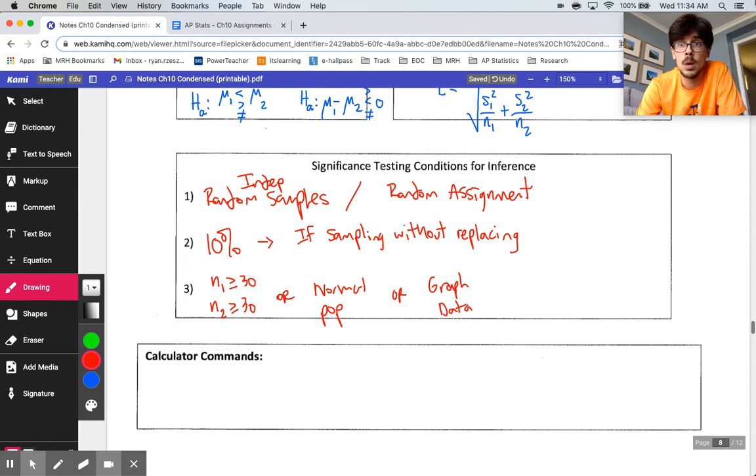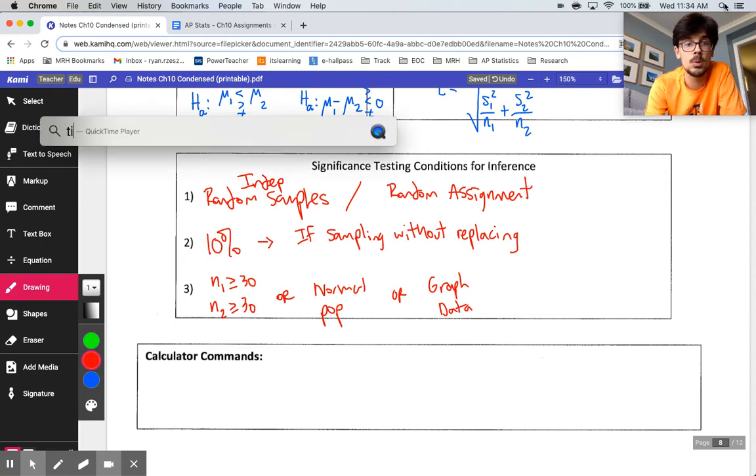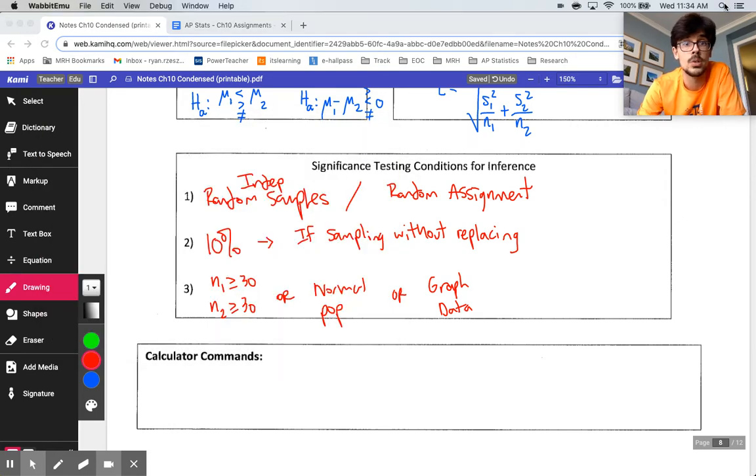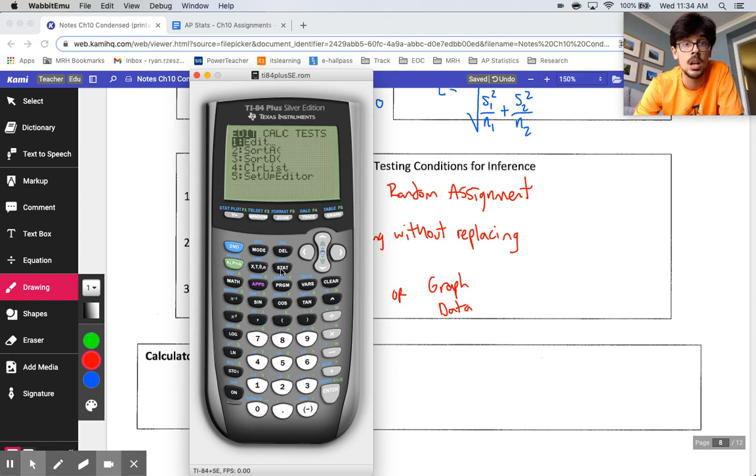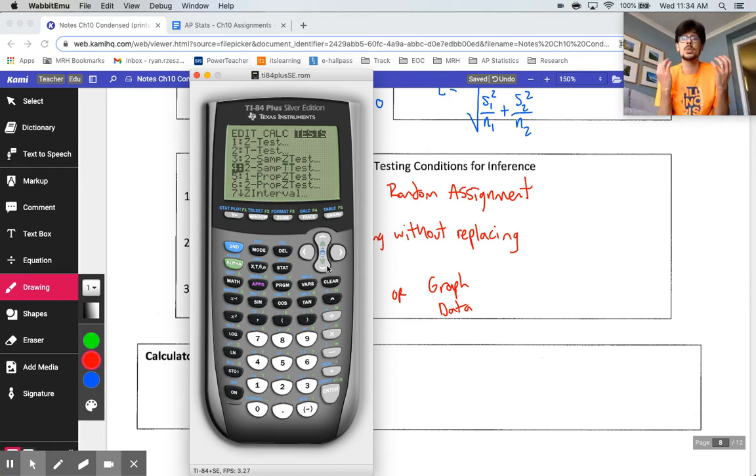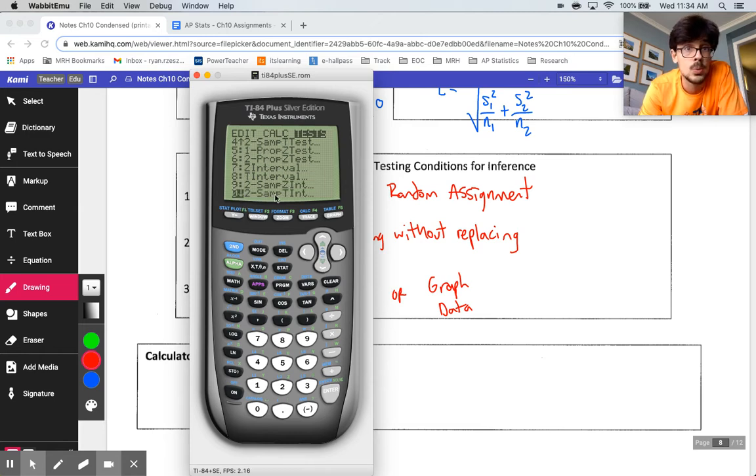And I mentioned calculator commands last time, but let me pull up that menu and show you guys what you're using in this section, since we have this box still blank here. So we use t-test for one sample problems. This is a two sample or two mean setup right here. You will either want number 4, two sample t-test, or you will want 0, two sample t-interval.